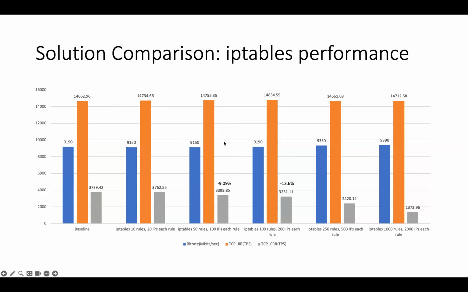So if we map one port to one iptables rule, I think typically the number of rules that apply to a node would not exceed 50 rules. So the performance degradation should be acceptable in this case.